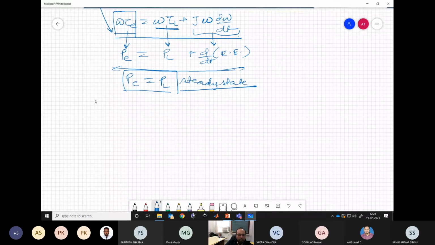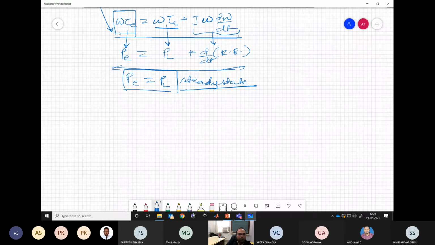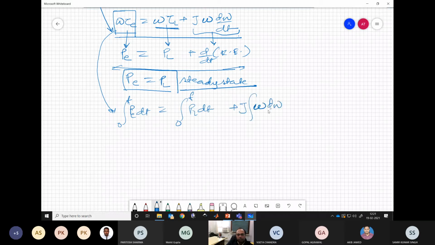Now, if we talk about the energy consumed by the system or how the energy is getting distributed in the system, so if we integrate this power equation over a time t, we would find the electrical energy fed into the system has basically gone into two parts.